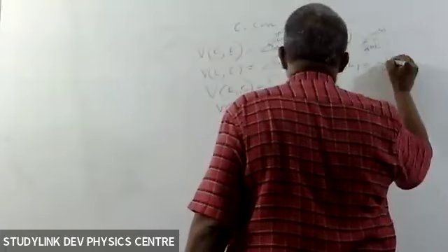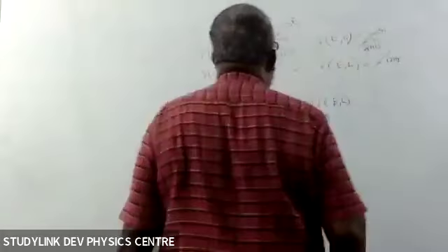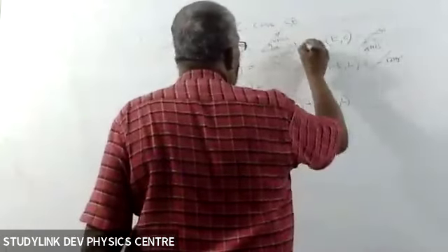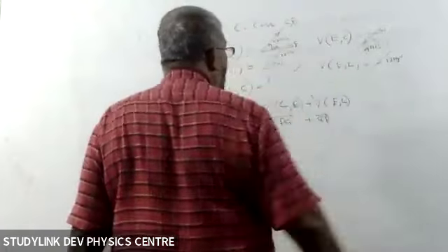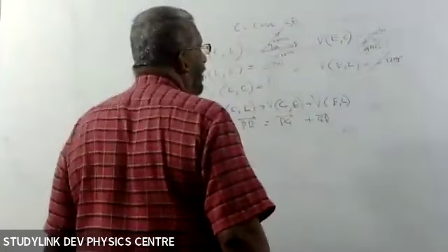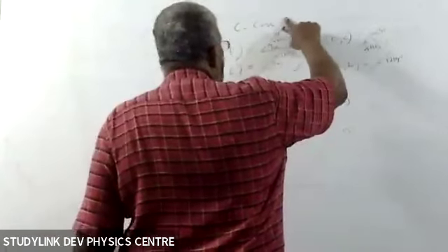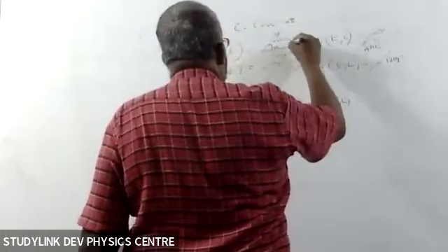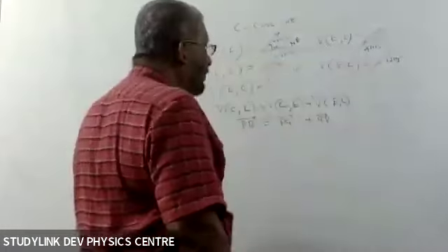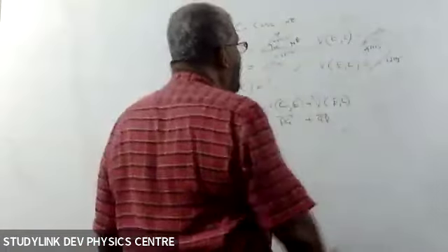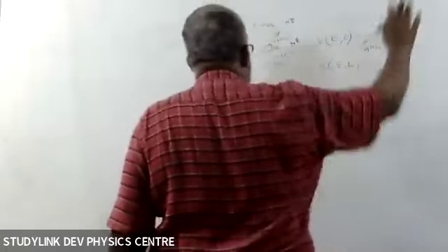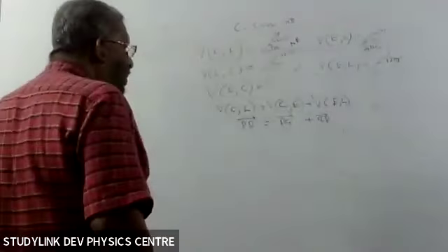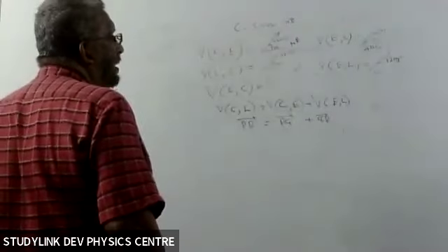Now EL is this direction, 12 ms minus 1. So this is also southeast. I think northeast, this one, northeast. Consider northeast there. Then this is southeast. Change it.